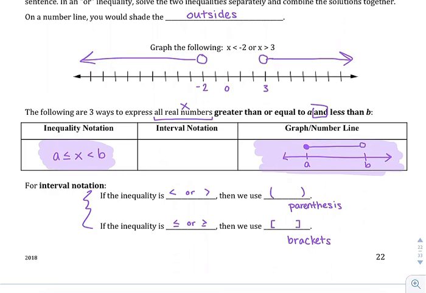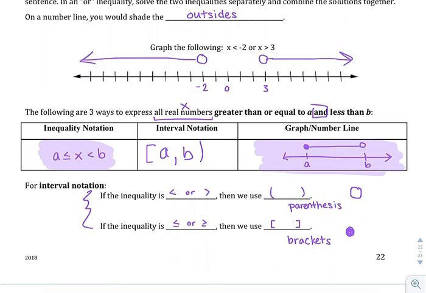Brackets go with a closed dot, parentheses go with an open dot. Some of you might be able to pull it from the inequality better, some of you might be able to pull it from the number line better. But because a is the equal to and the closed dot, a gets the bracket and b gets the parenthesis.